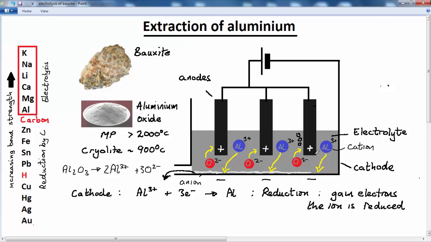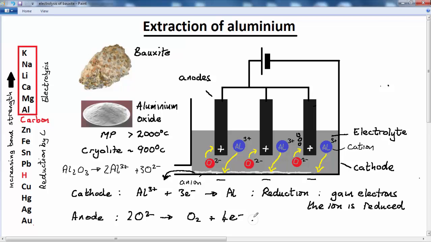At the anodes, the positive anodes, the negative oxygen ions are attracted to the positive anodes, and when they reach there they give up their electrons to the anodes, forming oxygen gas. Just to balance that equation, we're going to put a 4 here and a 2 here.